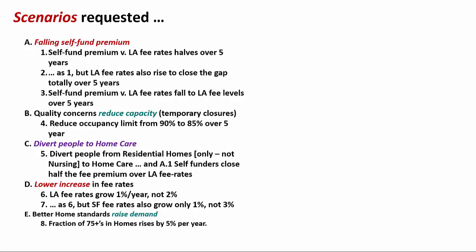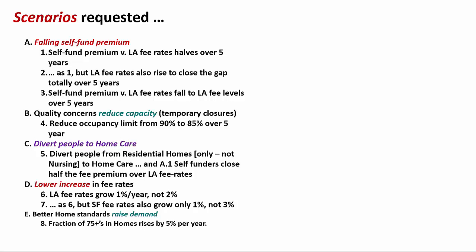Scenario B looks at what would happen if there was a reduction in capacity, for example, because quality concerns lead to temporary closures of capacity. Scenario C allows you to look at what happens if people who would normally go into residential homes are diverted, for example, being cared for in their own homes instead.